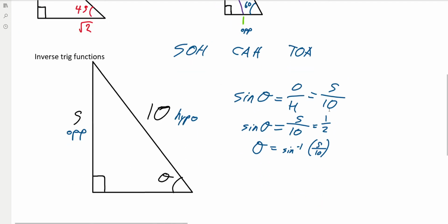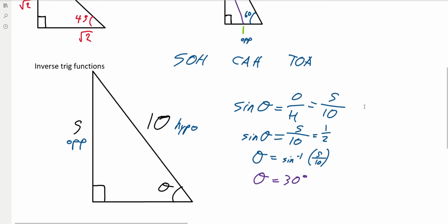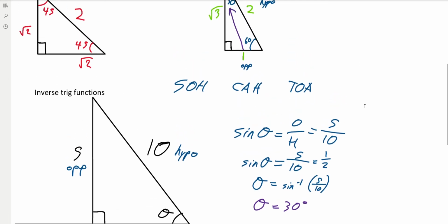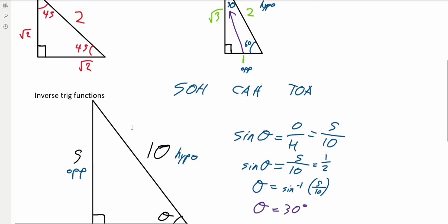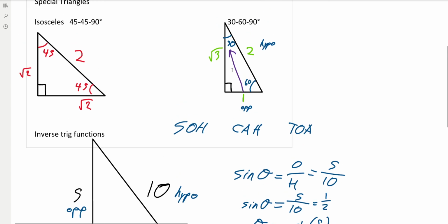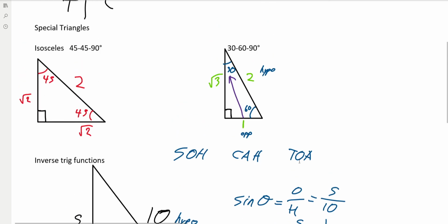So if that's the case, our theta is 30 degrees. It's all about relating the triangles that you have, whatever is given in the questions, to one of these two special triangles, and then using the ratios to help you out.